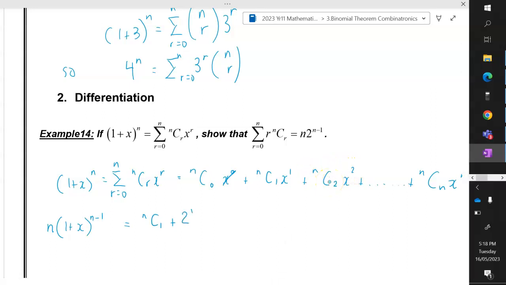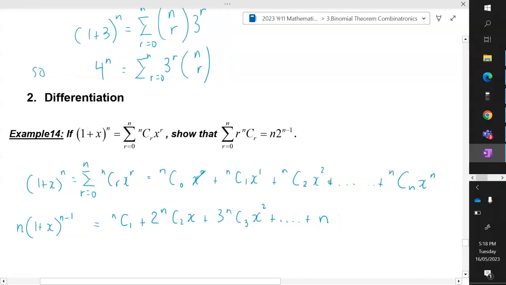So I get 2 nC2 x to the 2 minus 1, which is 1. Plus, if I had another term in there, x cubed, I would have 3 nC3 x to the 2. My last term would become n nCn x to the n minus 1.